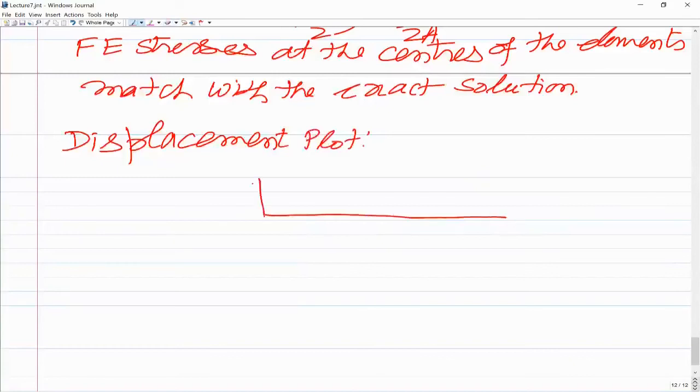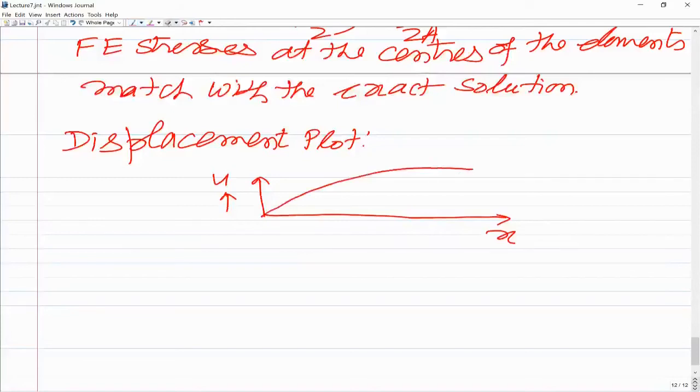This is the displacement along the x direction, that is u, and this direction is your x coordinate. If you look at the exact solution, of course u is 0 at the center, and in between it is quadratic. So if you plot roughly, that plot would come out something like this.